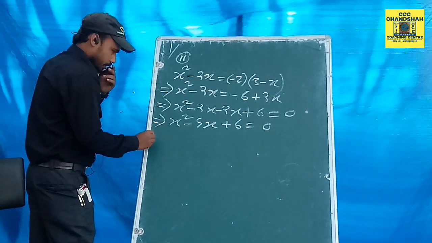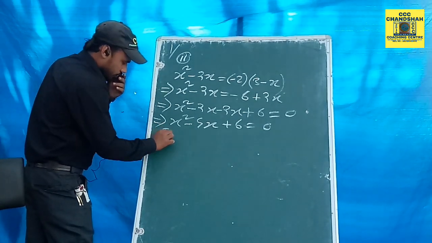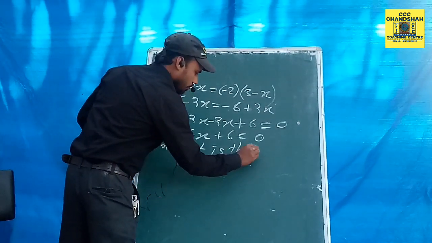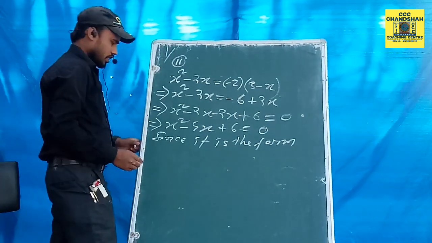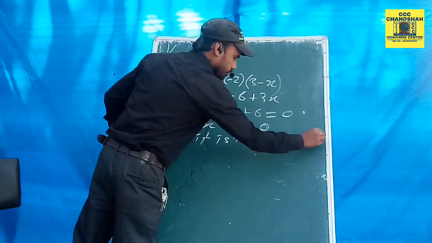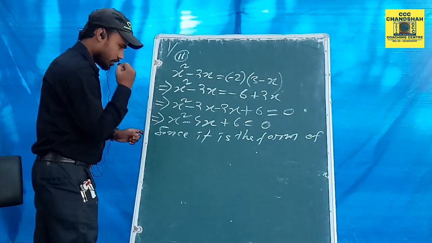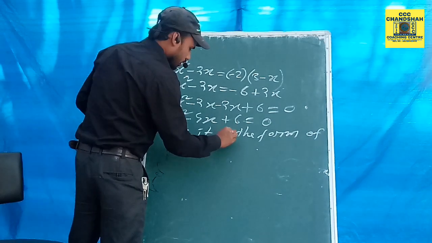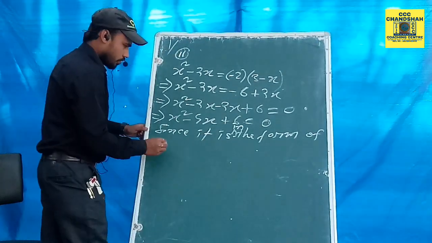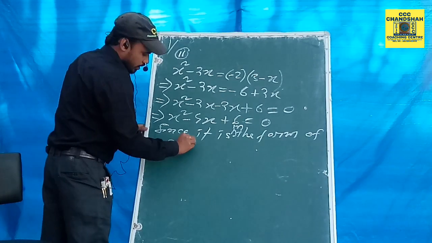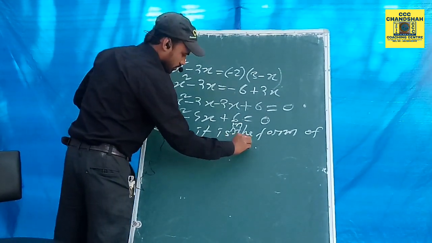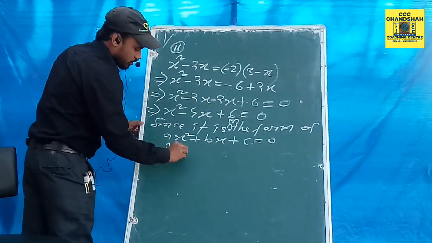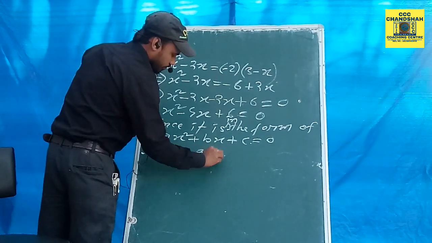Okay, you can write, since it is in the form of x square plus bx plus c is equal to 0, therefore it's a quadratic equation.